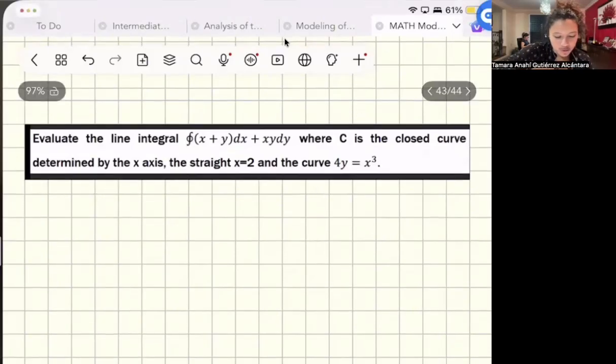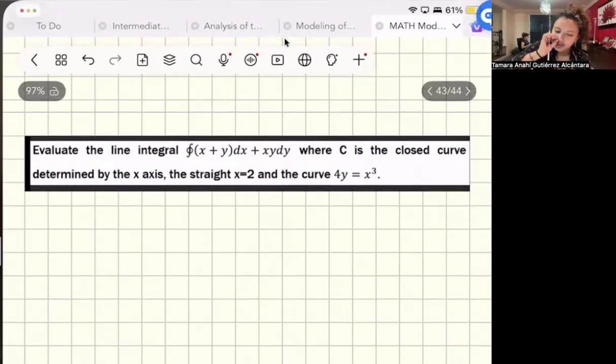We have to solve this line integral, where C is the closed curve determined by the x-axis, the straight line x equals 2, and the curve y equals x cubed.